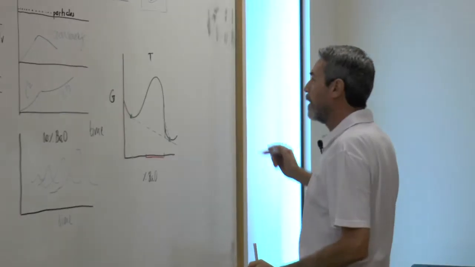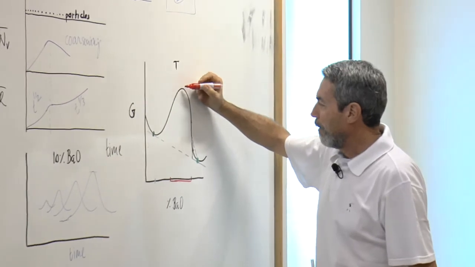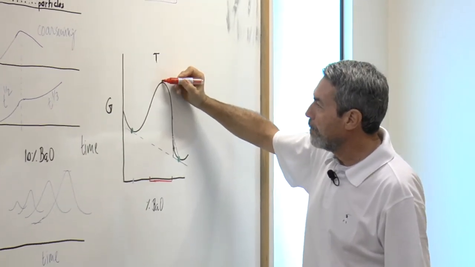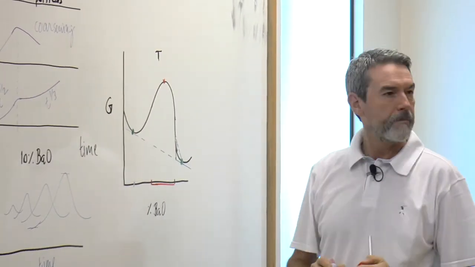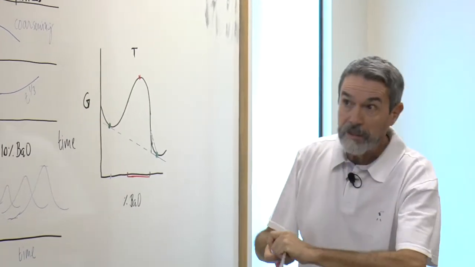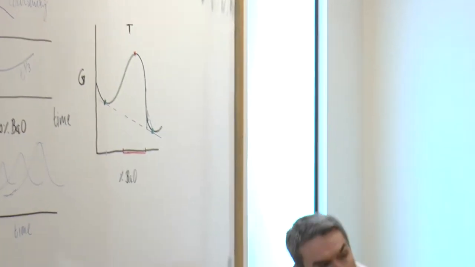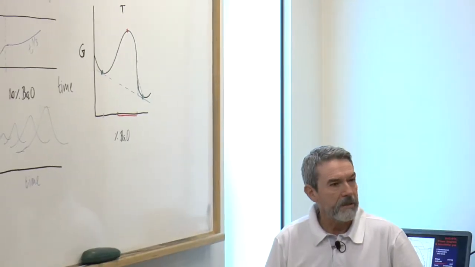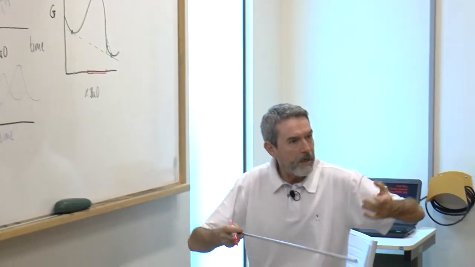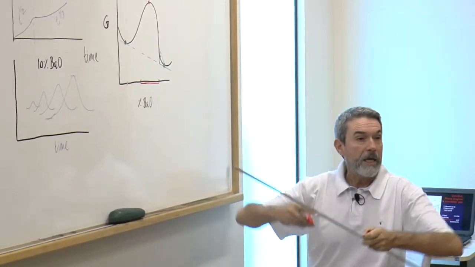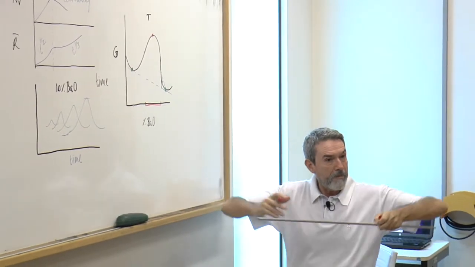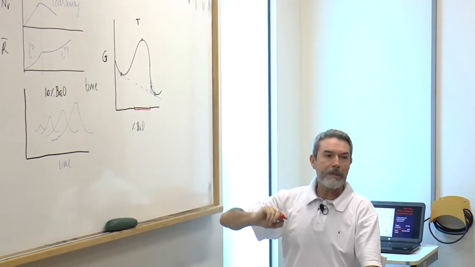So let's take, if our original composition is here, inside the spinodal area, and let it fluctuate a little bit. Fluctuations of chemical composition happen all the time. Here, they happen and dissolve back. But what about here?